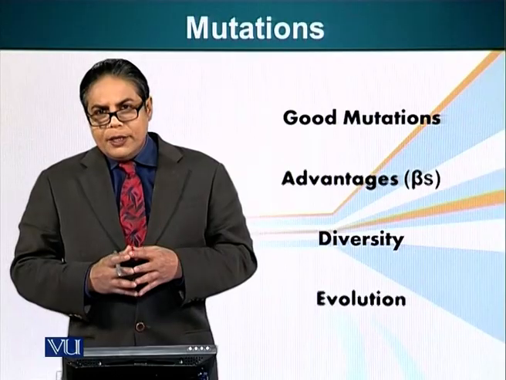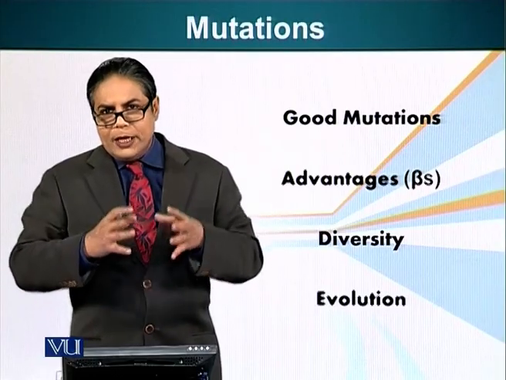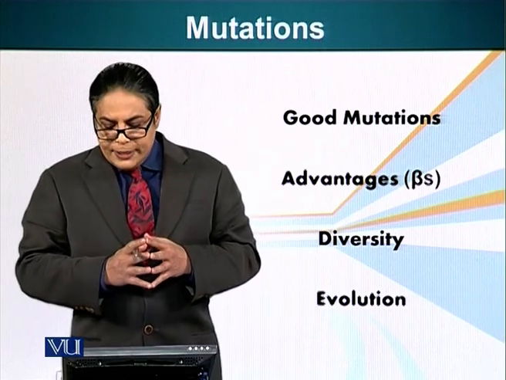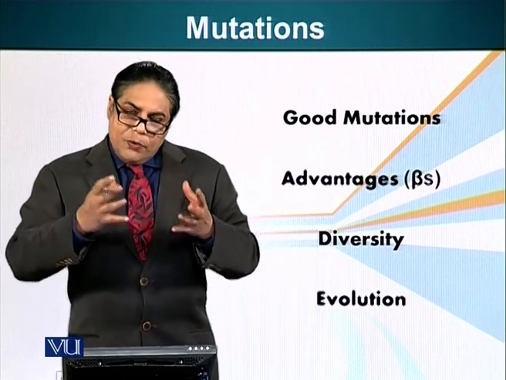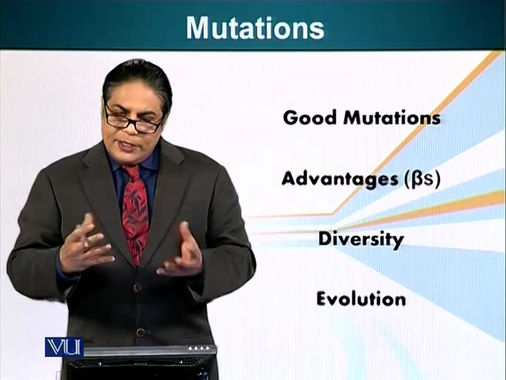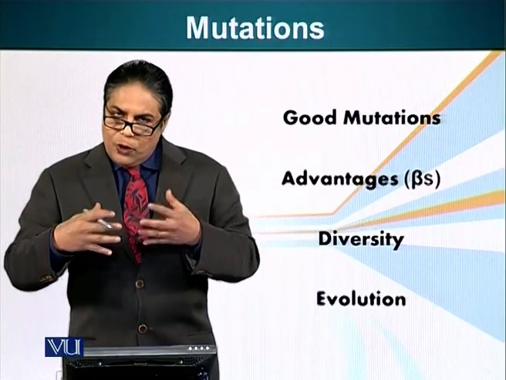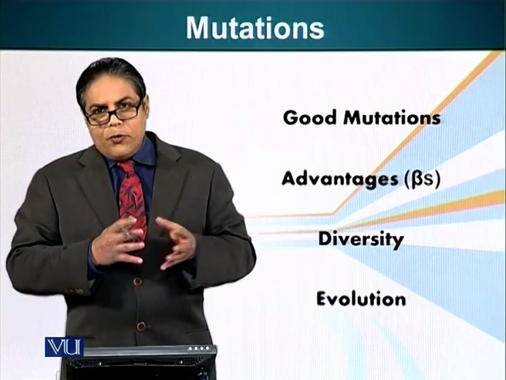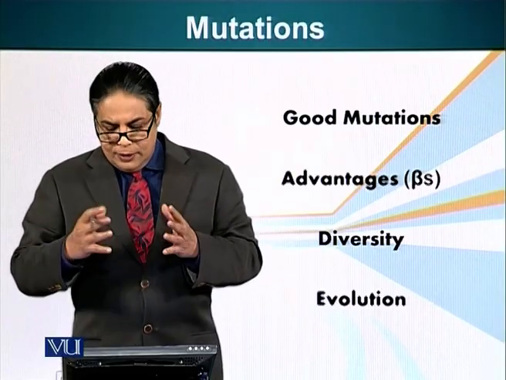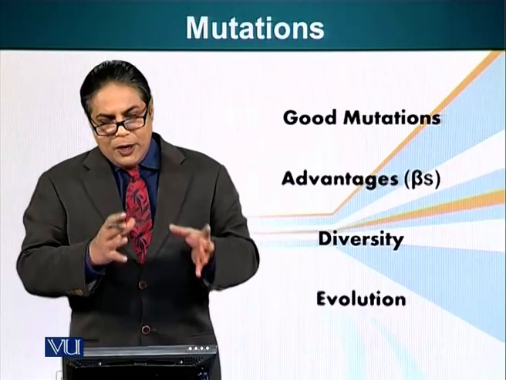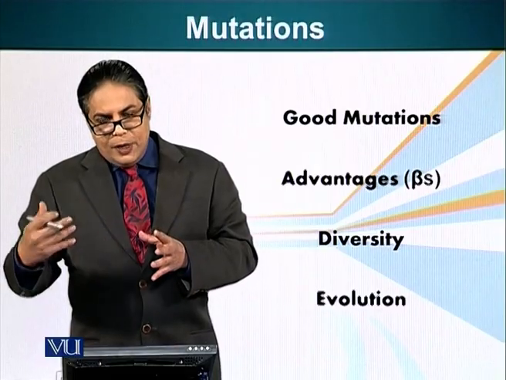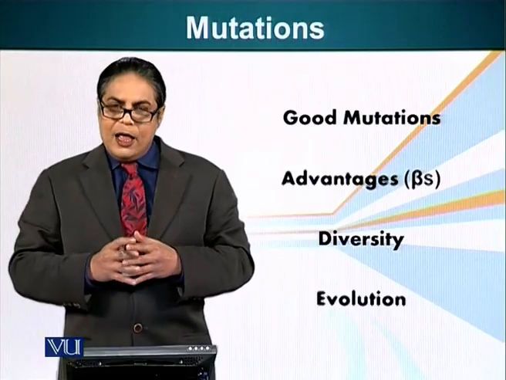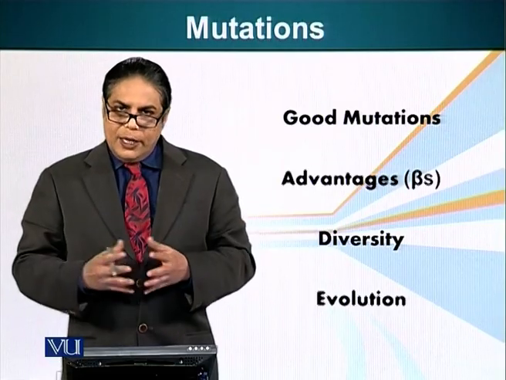I would like to mention that generally we think of all mutations as being bad. That's not always the case. There are some mutations that can give advantages to the host organism. For example, we talked about sickle cell anemia, in which the beta globin gene has a point mutation, resulting in a different type of cell that behaves abnormally.